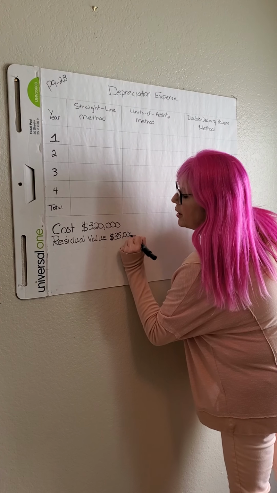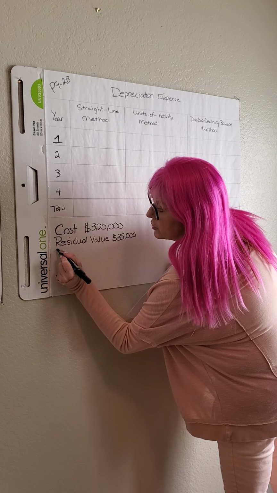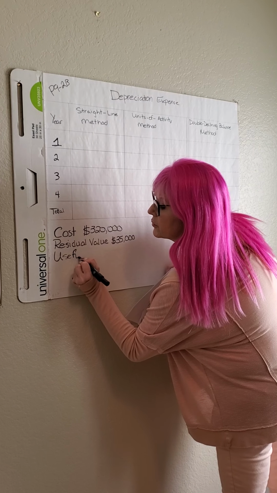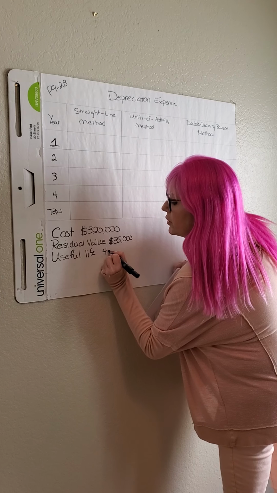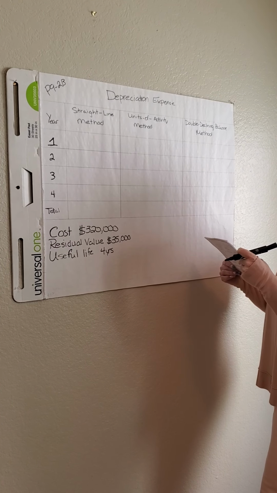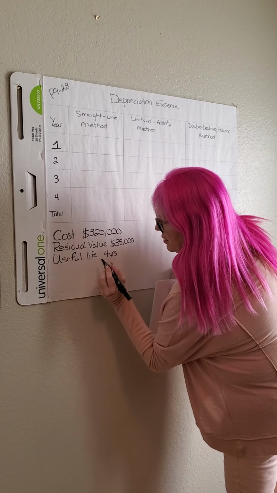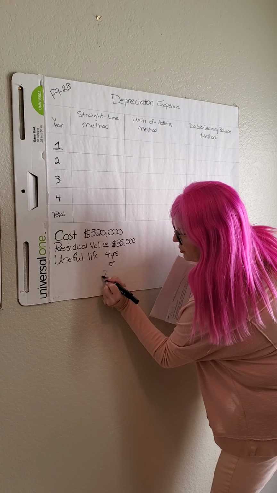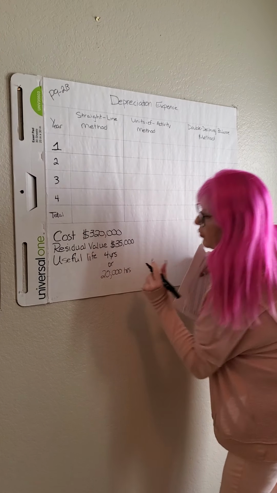And remember, it has a useful life. Useful life is 4 years, or 25% is going to be used every year, or let me put or 20,000 operating hours. So I'm just going to put 20,000 hours. Okay.